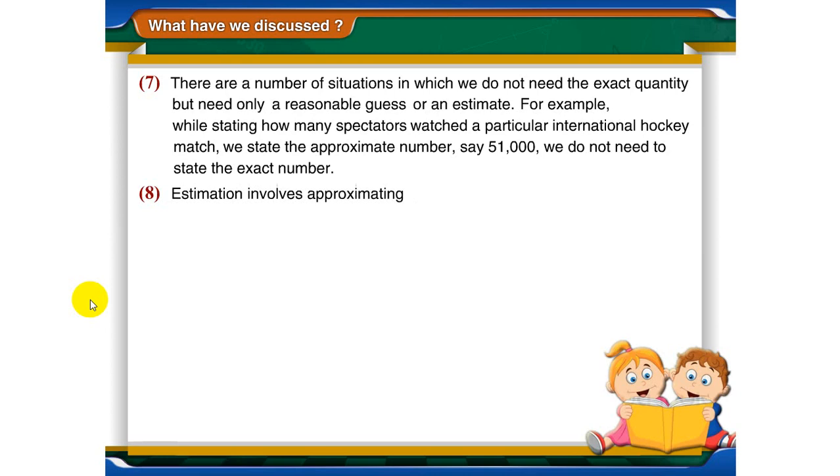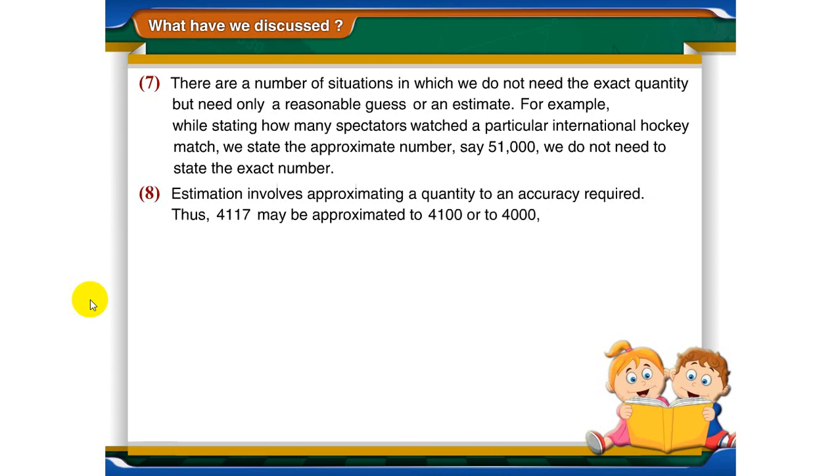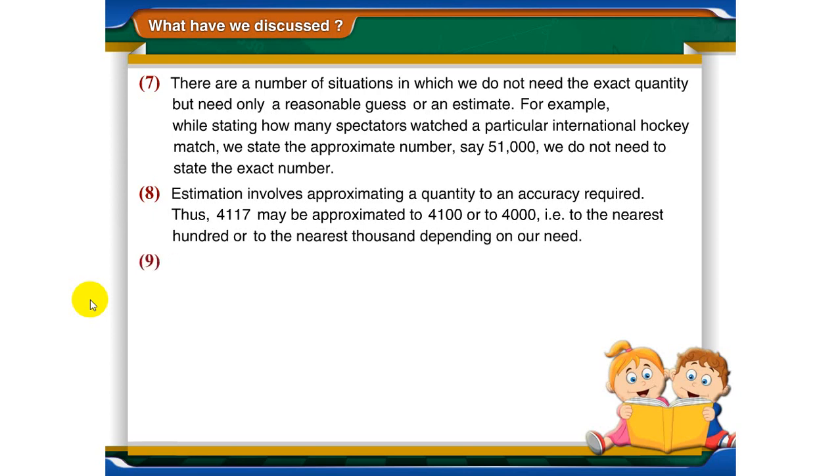Estimation involves approximating a quantity to an accuracy required. Thus, 4,117 may be approximated to 4,100 or to 4,000, that is, to the nearest 100 or to the nearest 1,000, depending on our need.